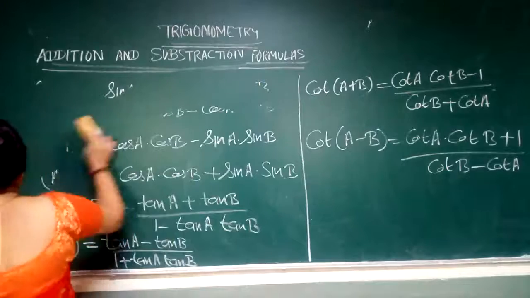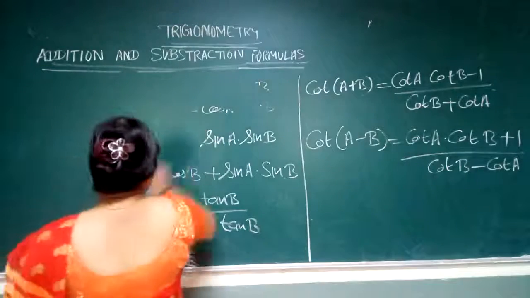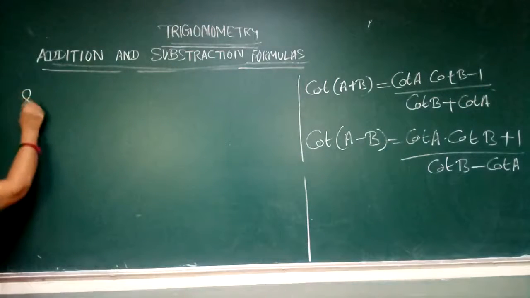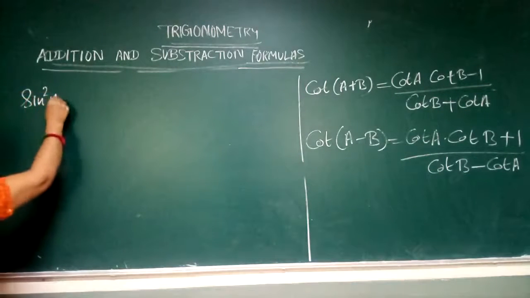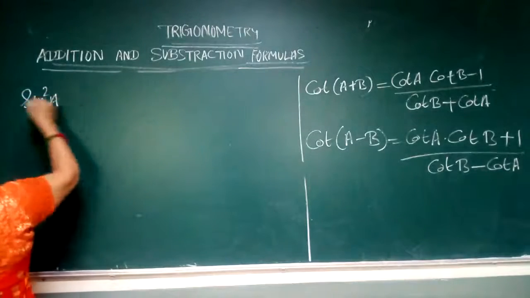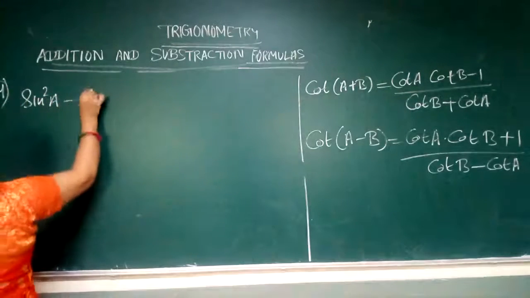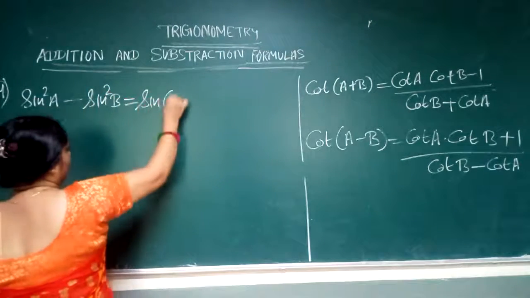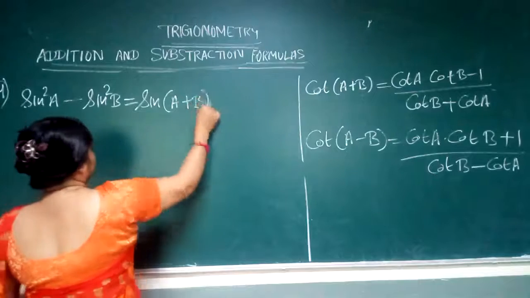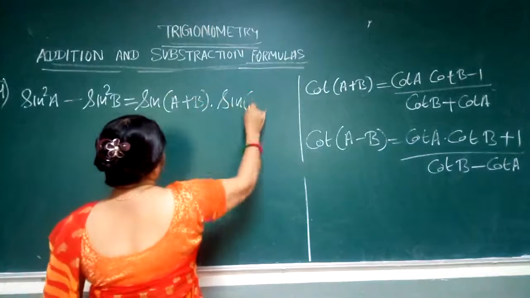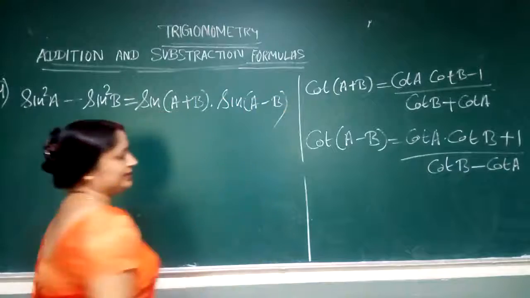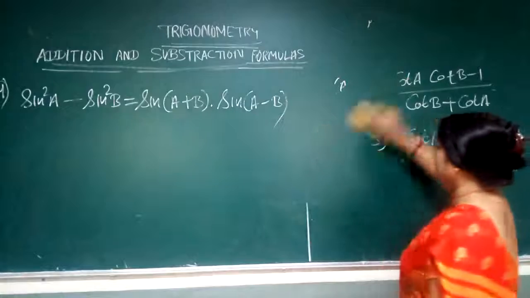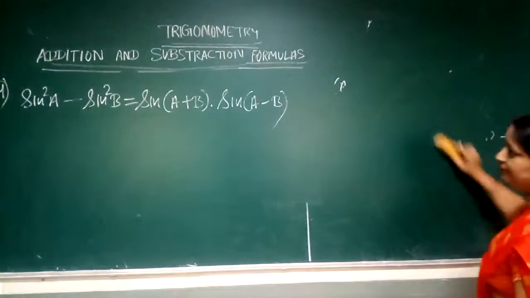The formula sin square a minus sin square b is equal to sin of a plus b into sin of a minus b. Now student, you know that a plus b into a minus b.